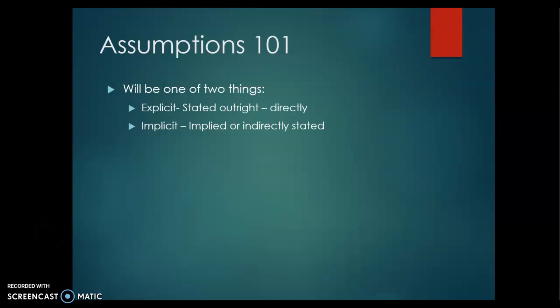Assumptions are usually stated much like thesis statements, either explicitly or implicitly. Explicit means stated outright or directly, while implicit means they're implied or indirectly stated, and the reader has to rely on context clues, sentences, and evidence provided in order to draw that conclusion for themselves.